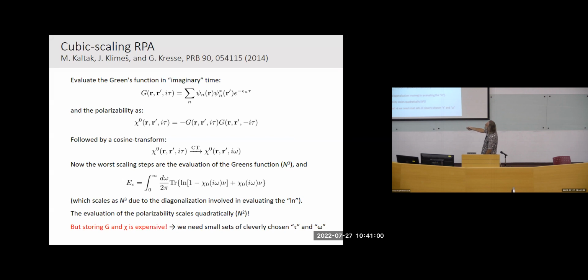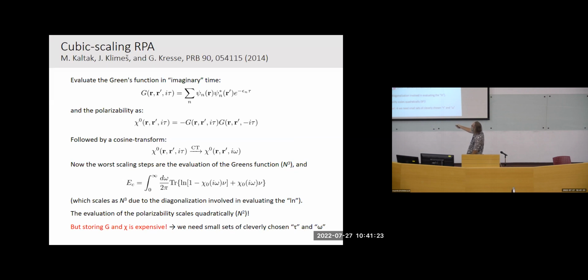and then we can evaluate our ACFDT correlation energy, our RPA correlation energy, as we saw before, from the independent particle polarizability at these frequencies and the bare Coulomb kernel. So this scales in total.